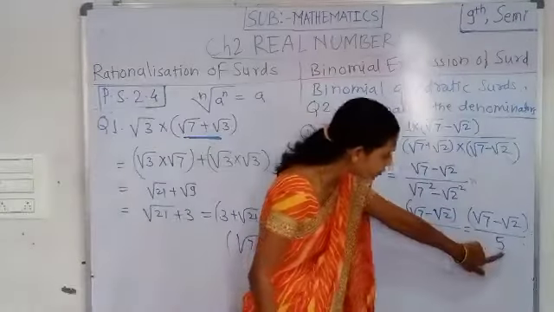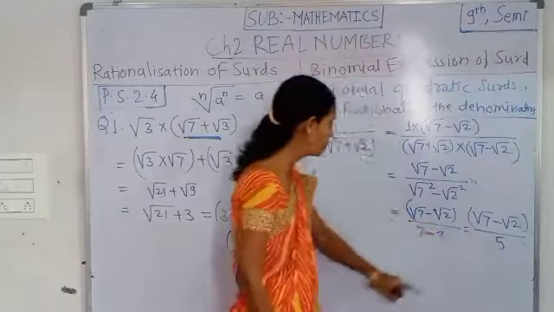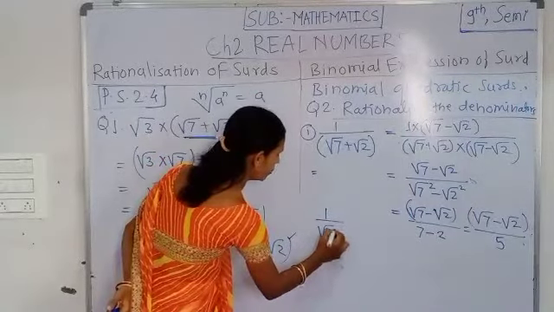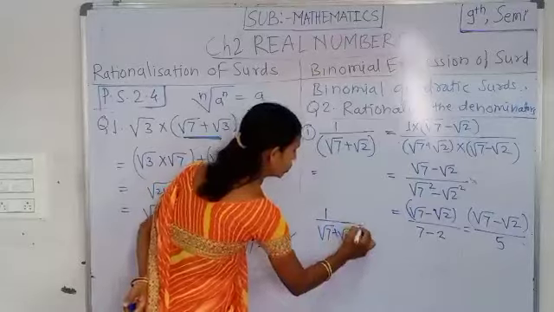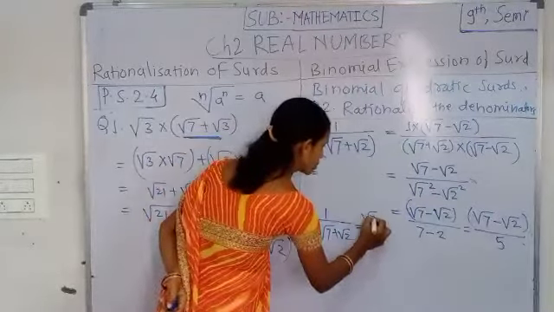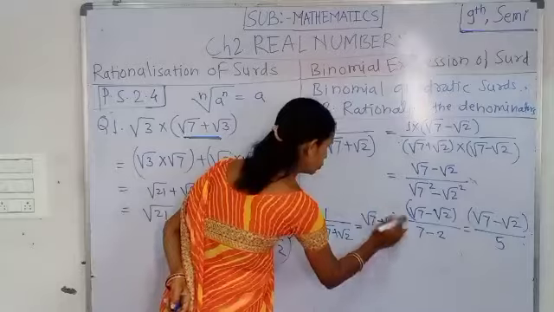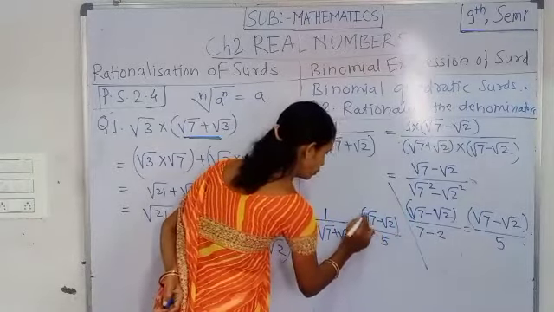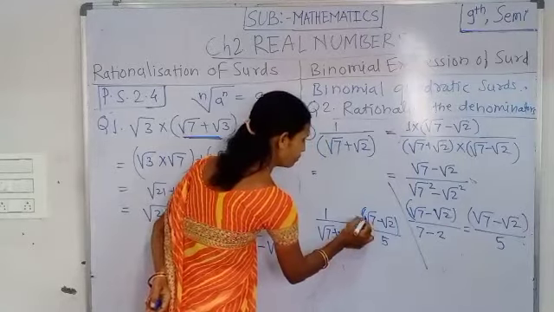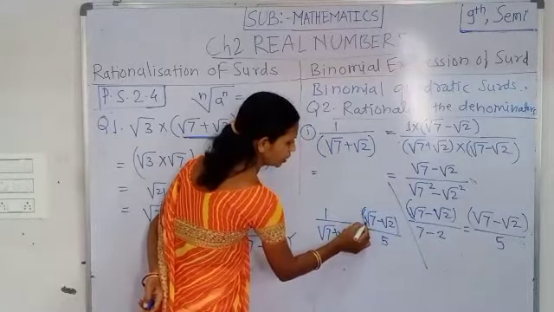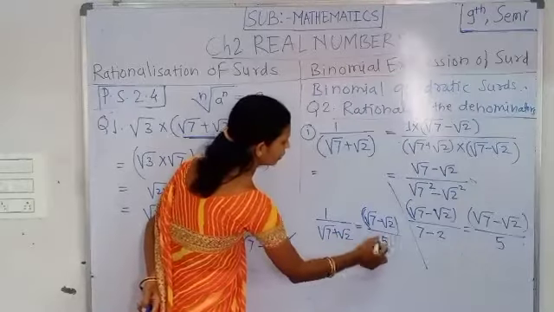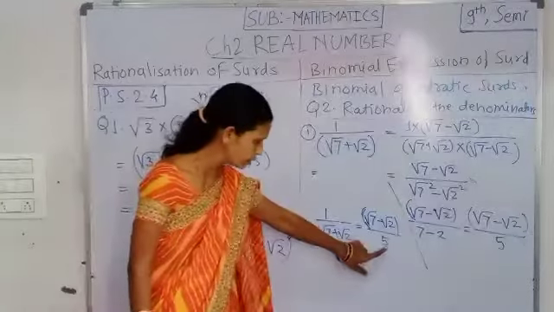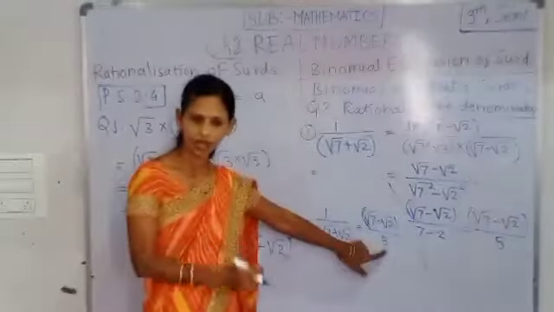Here the denominator is now a rational number. That means 1 upon root 7 plus root 2 is equal to root 7 minus root 2 upon 5. That is the same surd written in the form of a rationalized denominator.